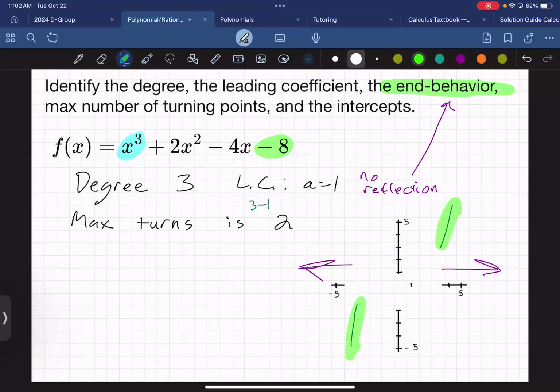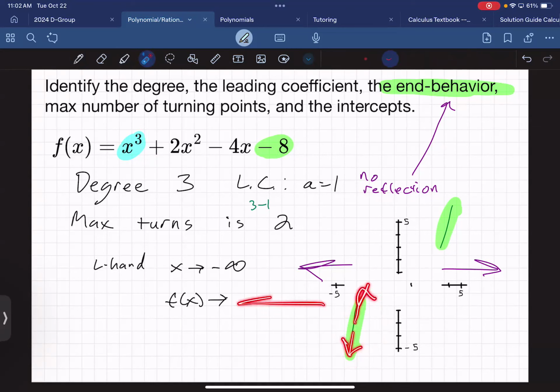Okay. So the way that we could write that then is to say, hey, as x goes to negative infinity, or the left-hand side of our graph, what is f of x going to do? Based on how I've drawn this piece here, does that mean it's going to go down or is it going up as I go to the left? It's going down, right?